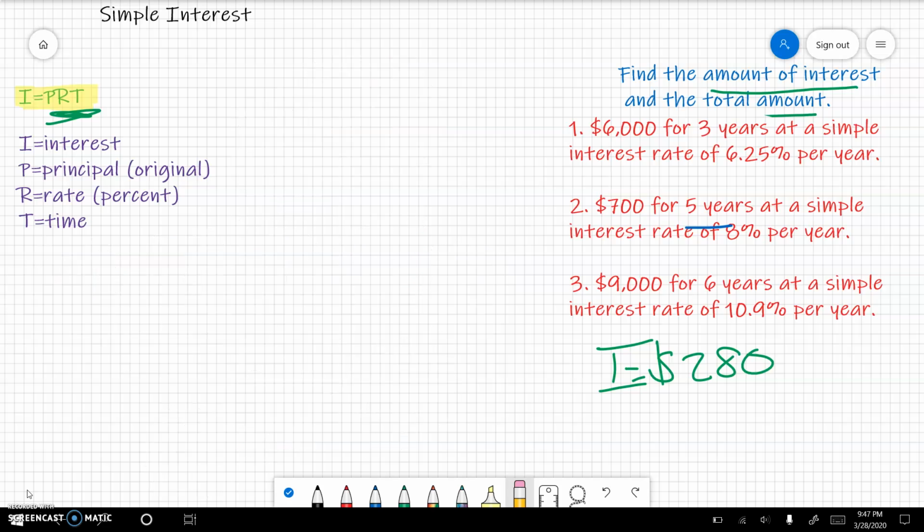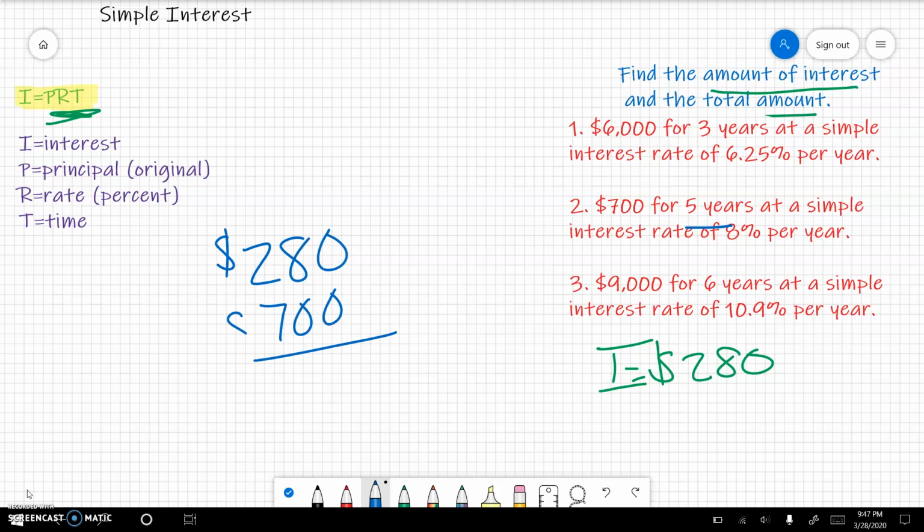So I'm going to take my interest, which was $280, plus my principal, which was $700, and that gives me $980 total. So on my homework, I would also put it as $980. So both answers would be for this question number 2. Interest, total.